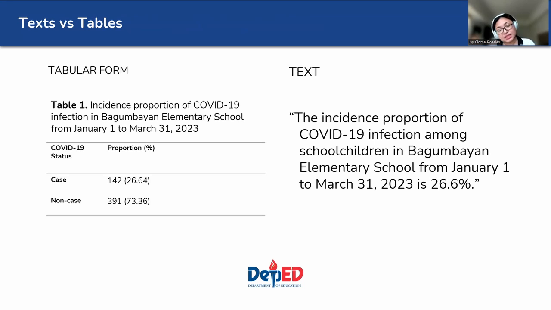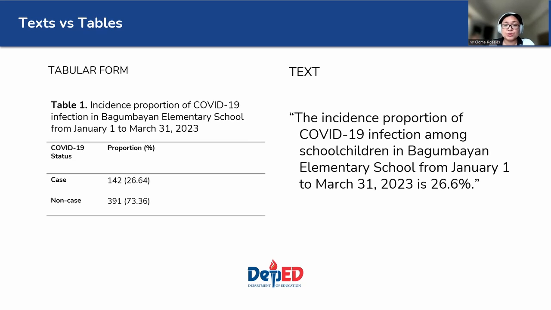So look at this example in Table 1. It shows the proportion that is a case and a non-case. And they are, in a sense, mutually exclusive, right? They are complementary. Do you need a table here or a text? Maybe the text is a simpler way of saying it.